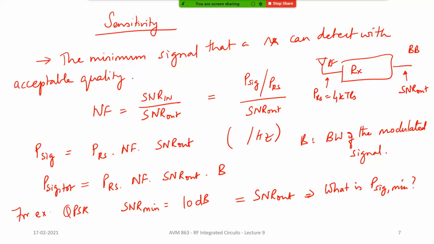So P signal min, which is also called the P sensitivity, is nothing but PRS, NF, bandwidth, and SNR min.